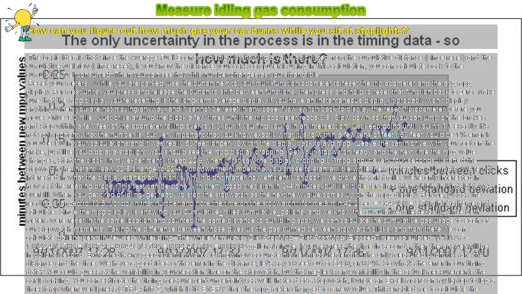A 1 sigma uncertainty of 0.02 minutes is about 0.2% of the total 9.7-minute test interval. Even without getting better at the stopwatch, I could have done a 5x shorter test and still gotten a 1% accurate measurement.